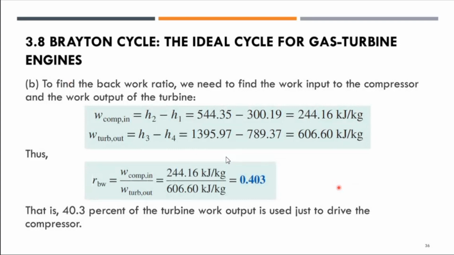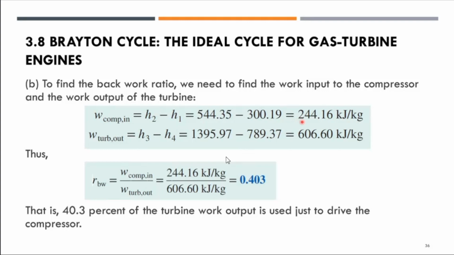Now you need to find the back work ratio. For that we need the work input to the compressor and the work output of the turbine. The work input to the compressor is the enthalpy at station 2 minus the enthalpy at station 1, and you have the values already.